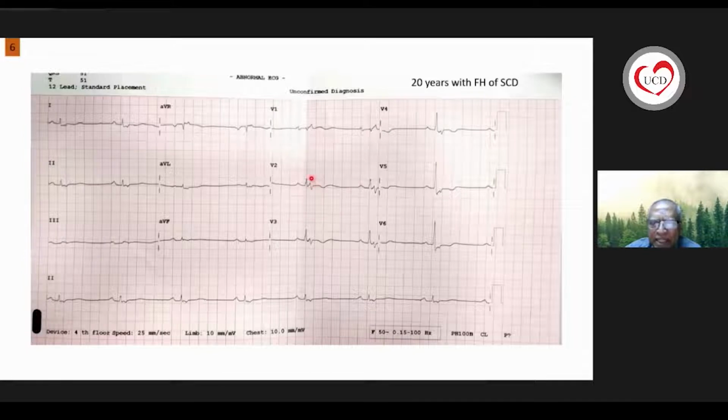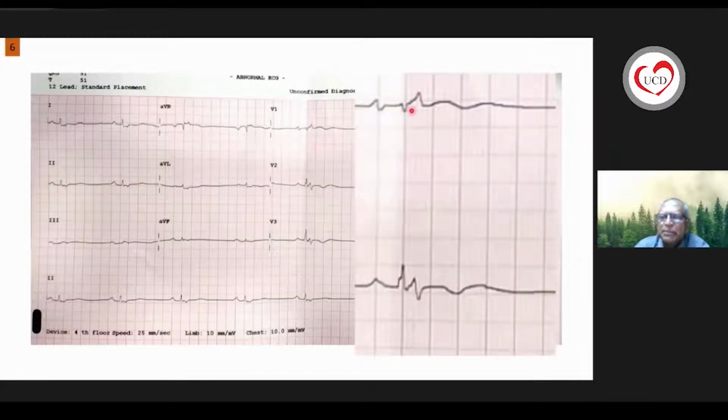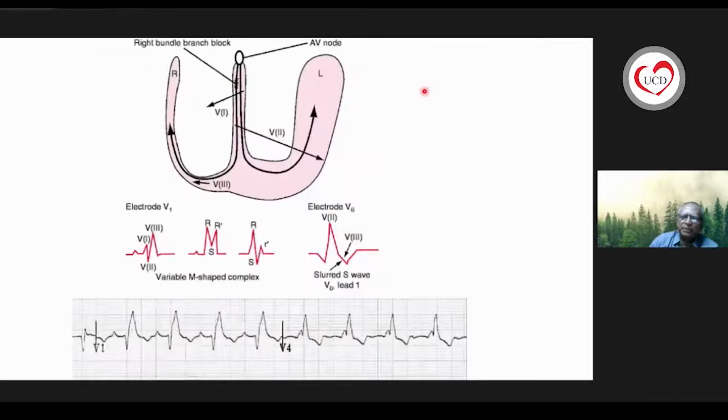If the voltage of the second component is very diminutive, it suggests a diffuse muscle disease of the right ventricle, and ARVC should be considered in these patients as a delayed epsilon wave masquerading as a bundle branch block. This is typically the pattern. Instead of a sharp upstroke, a very delayed and a diminutive R prime.